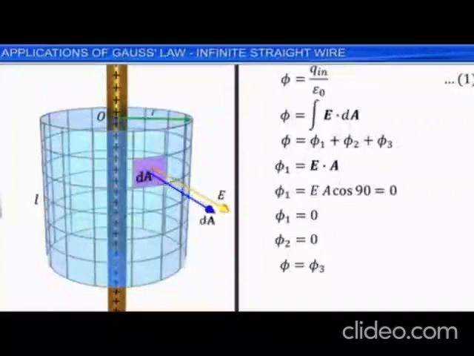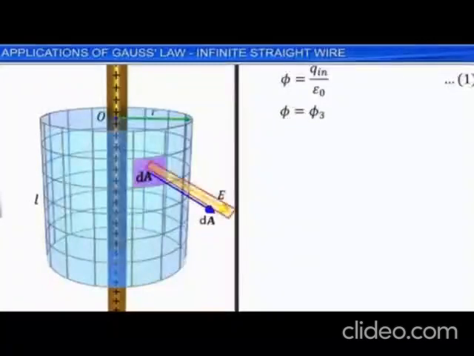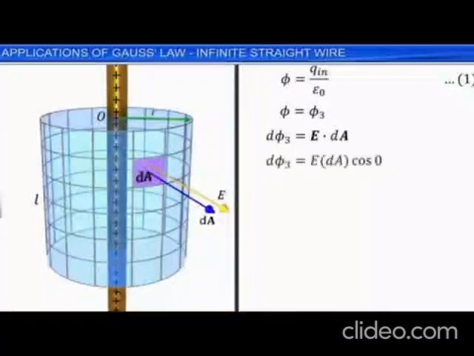Since E is parallel to the vector dA, the electric flux d phi 3 passing through the element is equal to E dot dA, which is equal to EdA cos 0, and this is just equal to EdA. Let this be equation 2. To find the total electric flux phi through the Gaussian surface 3, we now integrate d phi 3. Therefore, phi is equal to integral d phi 3, and this is equal to integral EdA.